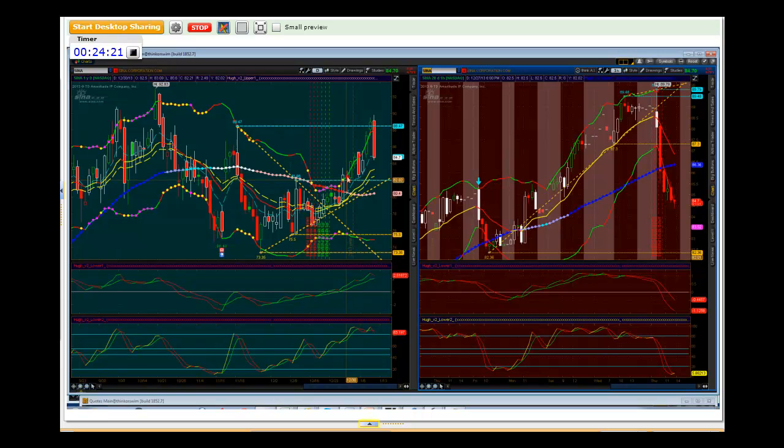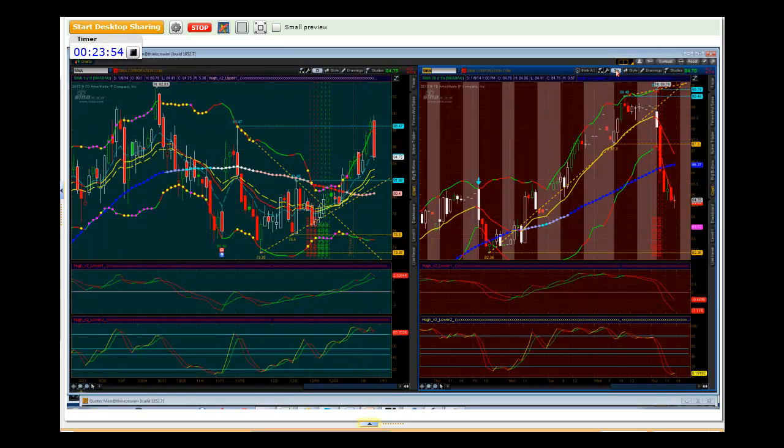Here it was still in the squeeze on the 30th, and then it actually triggered on the 31st. So I bought in right here, and I bought options. On that day, I bought the 80 calls that expire actually tomorrow. And I actually took those off today, but you can see how explosive that move was to the upside.